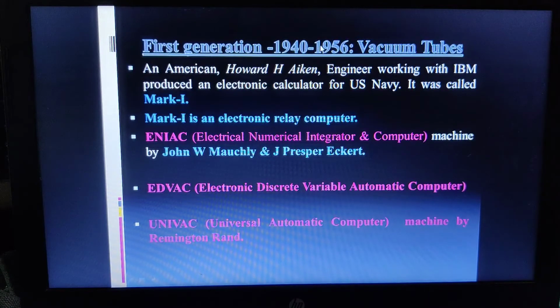Whatever inventions took place then were devices used for computing or calculation purposes.